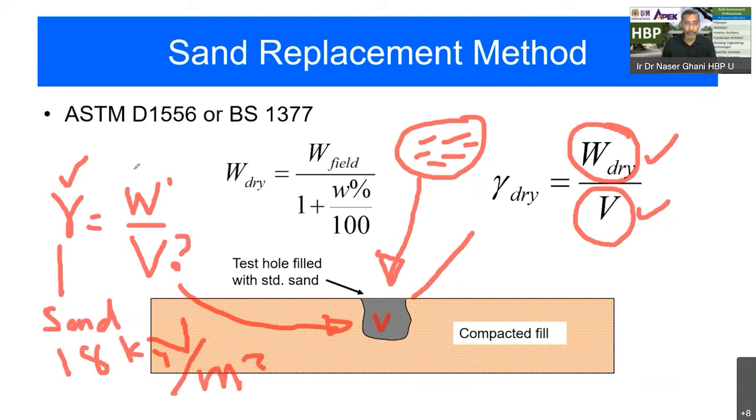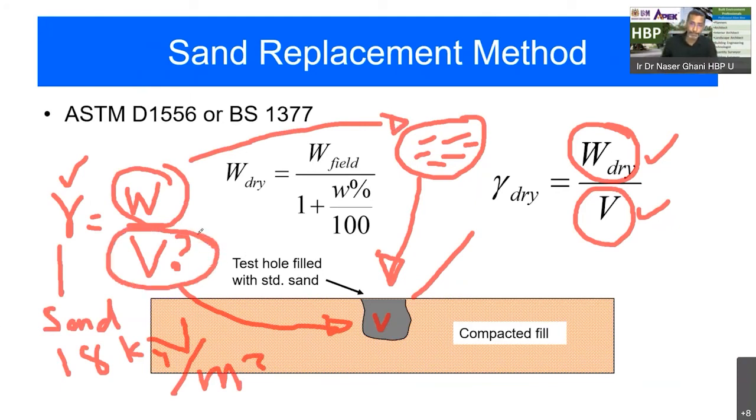And then we know the weight because we can weigh the sand on the weighing machine, the amount of sand that goes into the hole. Then we can find the volume of this hole.